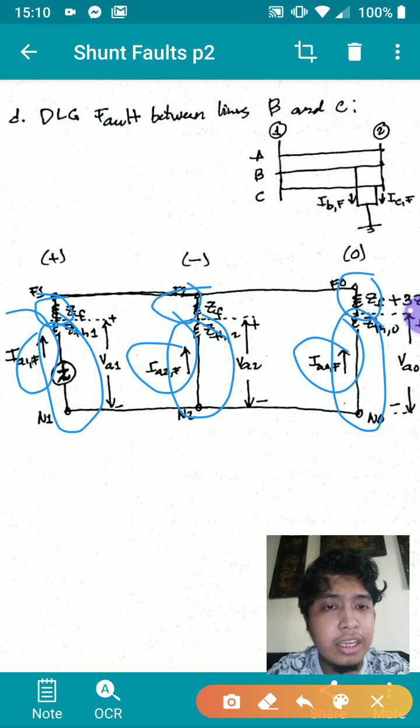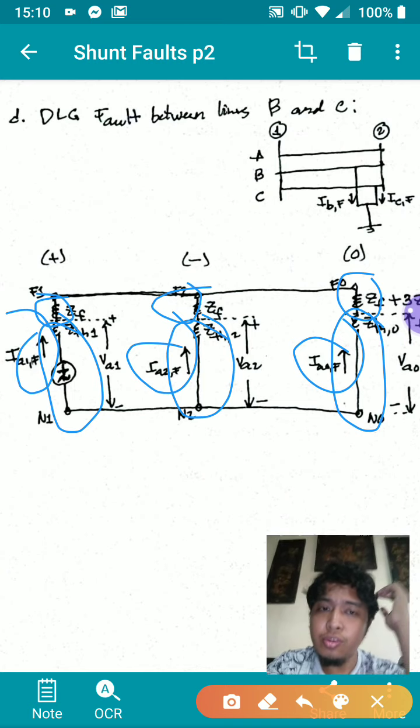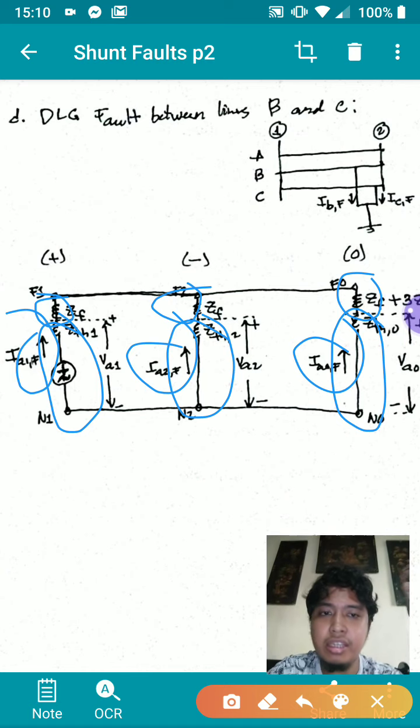Well, the IAF here is actually 0. As you can see, you don't have a shorted current on line A. So sir, why are we solving for IAF if we don't have an IAF here?